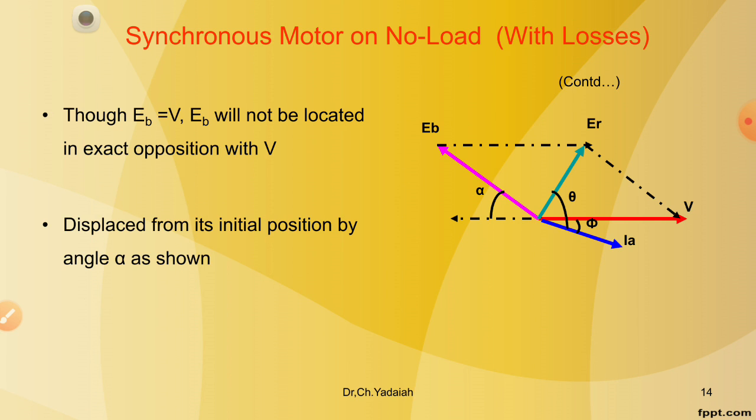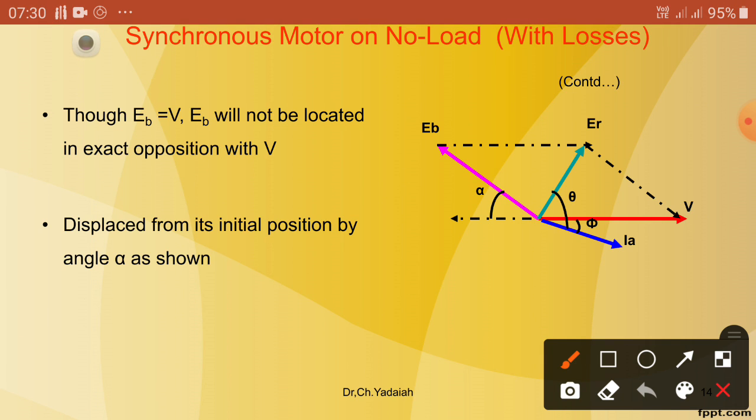In this case, though the magnitude of EB is equal to V, EB will not be located in exact opposition to V. Now, please see the vector diagram. The vector diagram is very important, and if you understand it, everything is very easy.